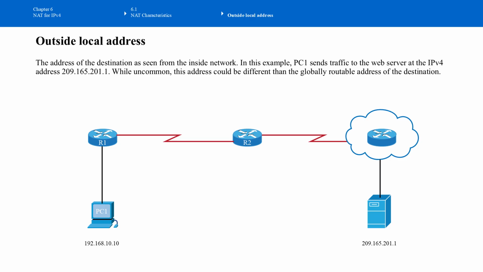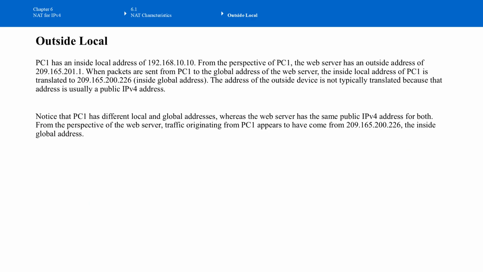The outside local address is the address of the destination as seen from the inside network. In this example, PC1 sends the traffic to the web server at IPv4 address 209.165.201.1. While uncommon, this address could be different than the globally routable address of the destination. PC1 has an inside local address of 192.168.10.10. From the perspective of PC1, the web server has an outside address of 209.165.201.1.